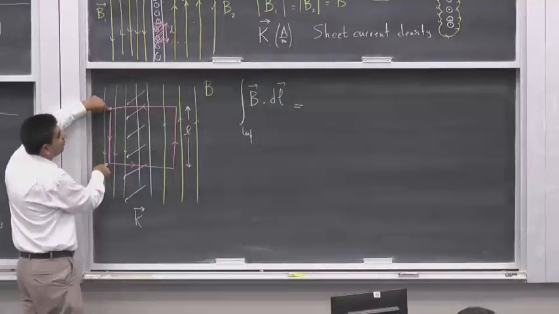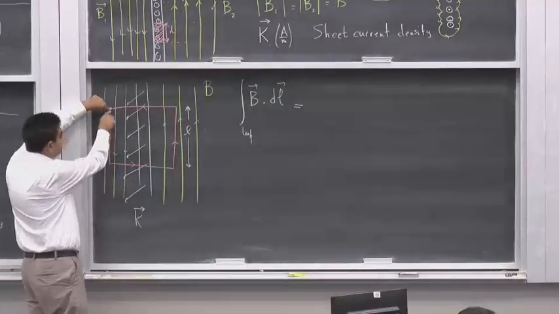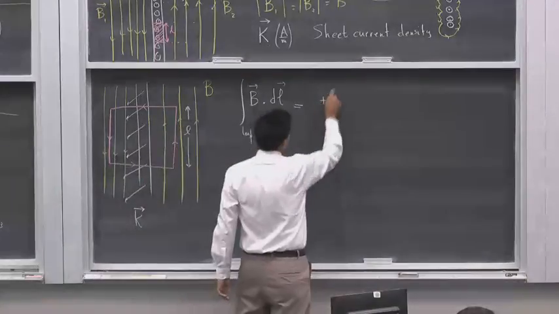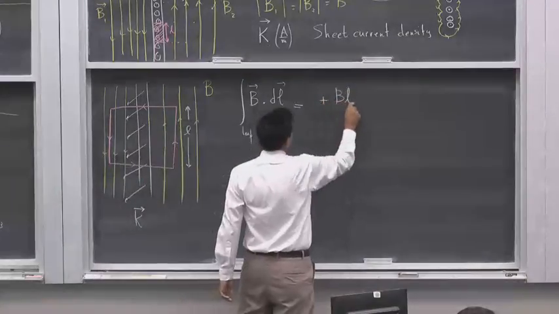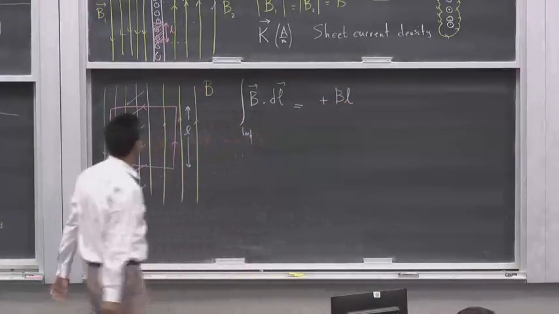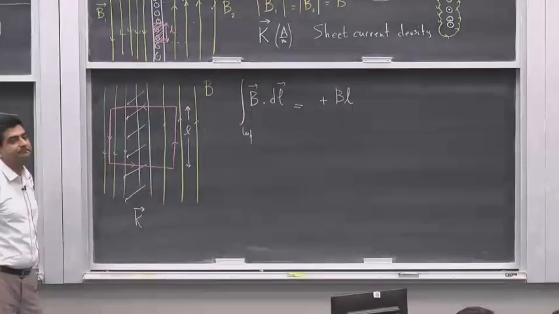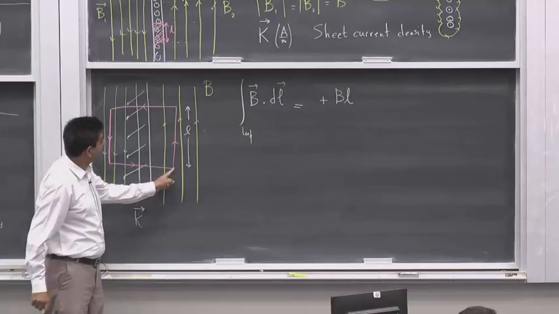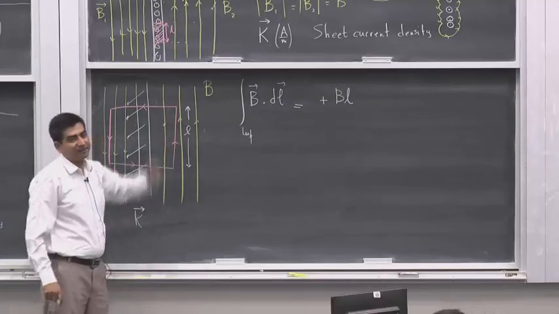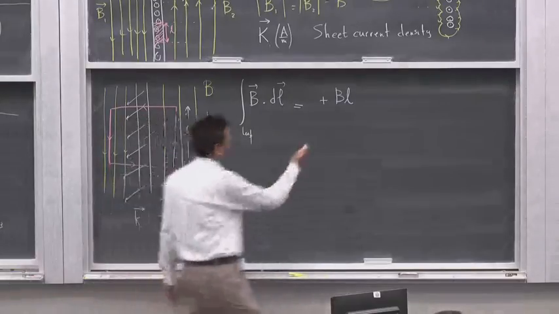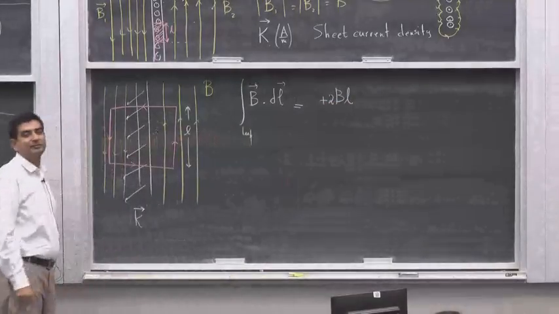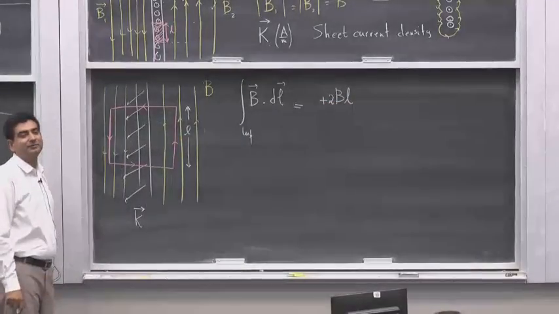So here the dot product is locally going to be positive, and then I integrate from this point to this point, I get plus BL. And here, once again, I am traversing the loop in the same direction as the magnetic field. So I get another plus BL, so I get 2BL. Correct?